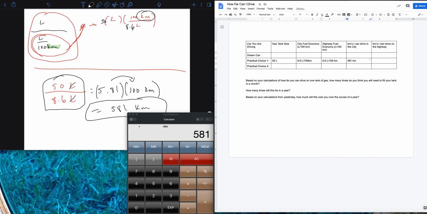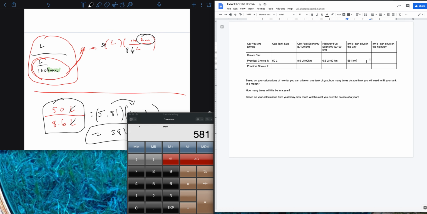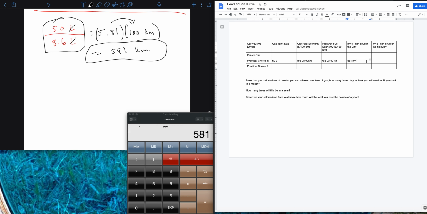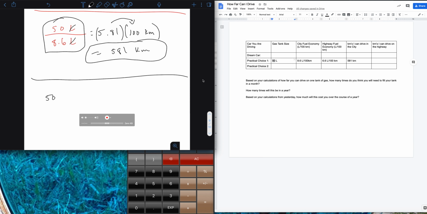Now you can do the exact same thing. You can choose to do this. This is just me explaining what's going on here. You can follow what I do: I take the two numbers, divide, and multiply by 100. That's what I put in the text, right? So if I do the last one here, kilometers I can drive on the highway, you take your highway fuel economy right here. It's 6.6, but I only have 50 liters in my gas tank. So you can go 50 liters divided by the 6.6, multiplied by 100 kilometers.